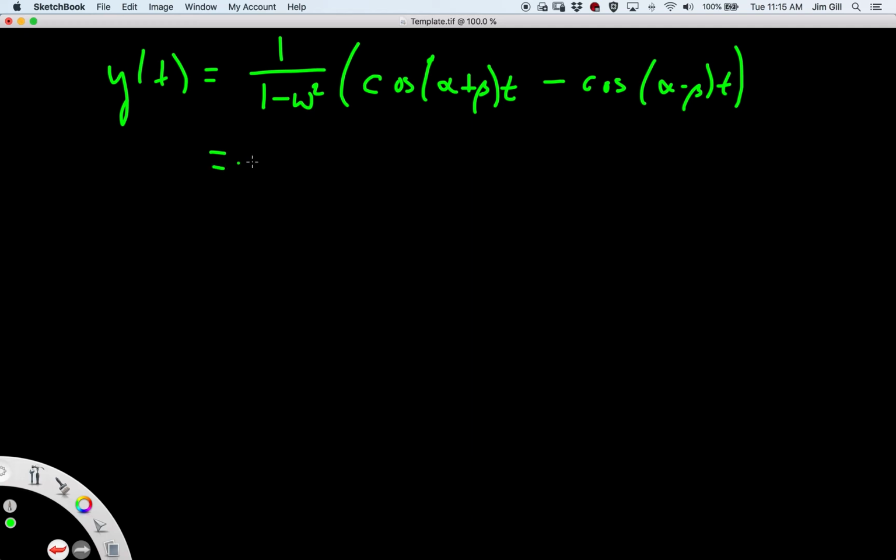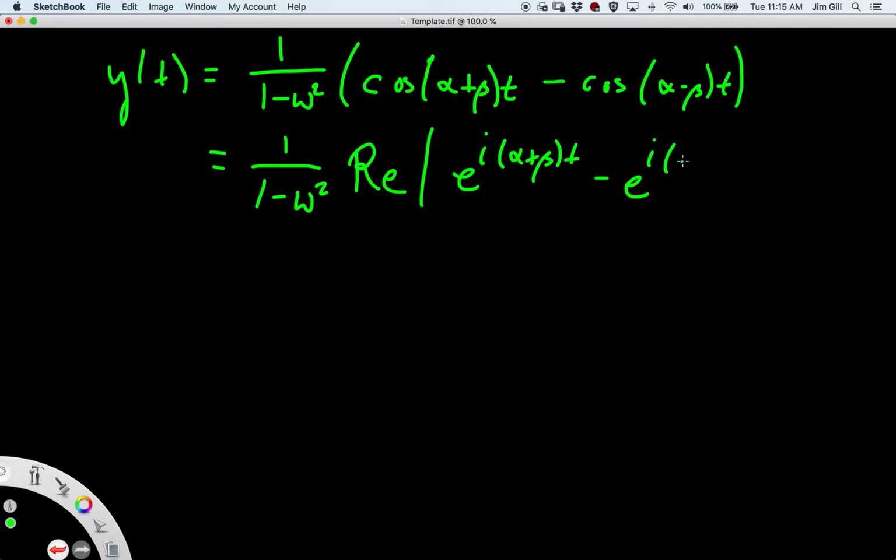I could rewrite this, and this is going to look much worse, as 1 over 1 minus omega squared times the real part of e to the i alpha plus beta t minus e to the i alpha minus beta t.